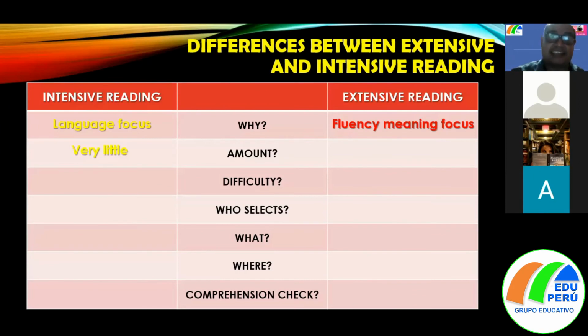The extensive is 15 to 30 pages, but the intensive is less. Short text, very little. Yeah, you consider a few pages, but remember that we're talking about students. For students, 15 pages and 30 pages. All right.